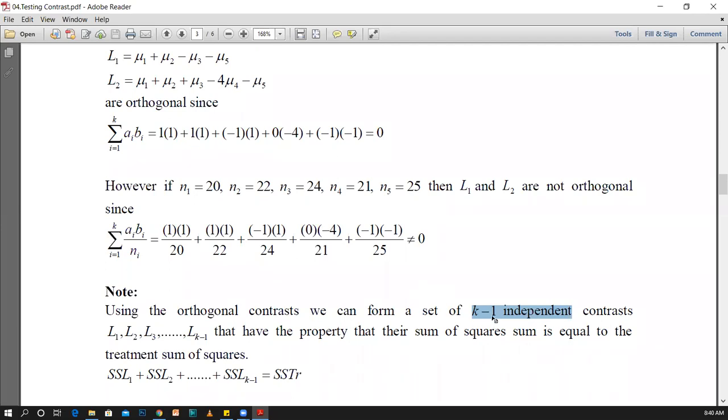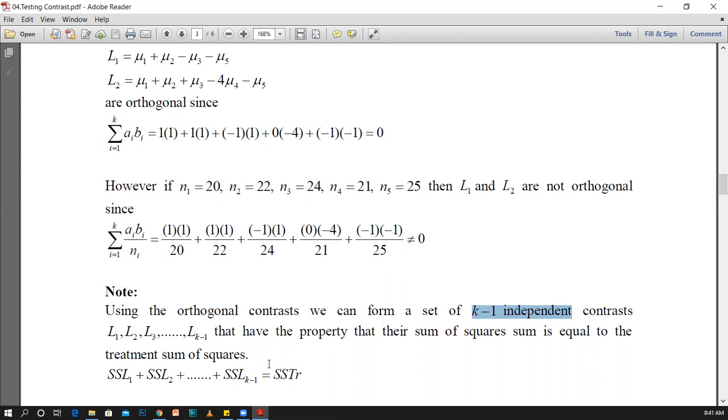If we have k minus 1 independent contrasts defined by L1, L2, L3 up to Lk minus 1, we have the property that if you consider the square sums of the contrasts and take the summation of these, the sum of square sums is equal to the treatment sum of squares.